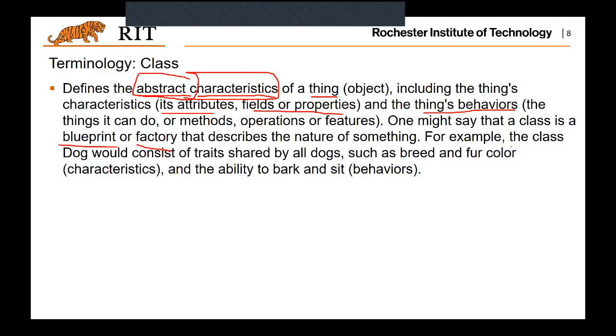Again, if we take the dog as an example, the class dog would consist of the traits shared by all dogs, such as breed and fur color. These specific features we call the characteristics of that class.